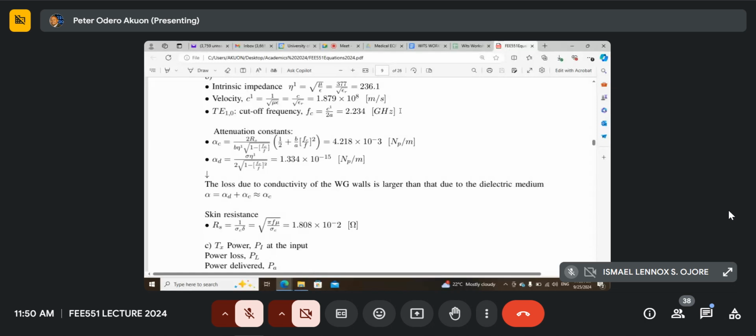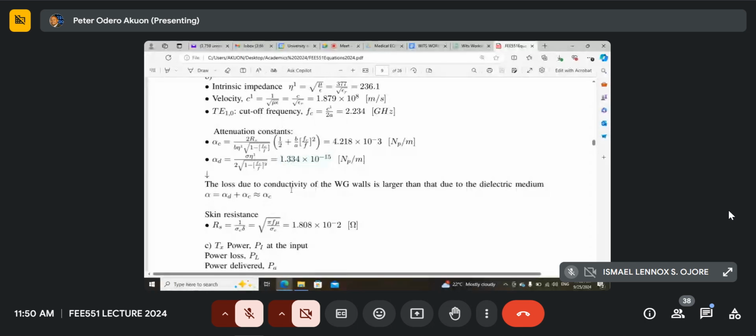Then we have the attenuation constant. So now we use the attenuation constant for the conductor, the wall of the waveguide, and also the dielectric inside. So when you do the calculations, you can see that compared to the wall of the waveguide, the dielectric loss is too low. You could even neglect it.